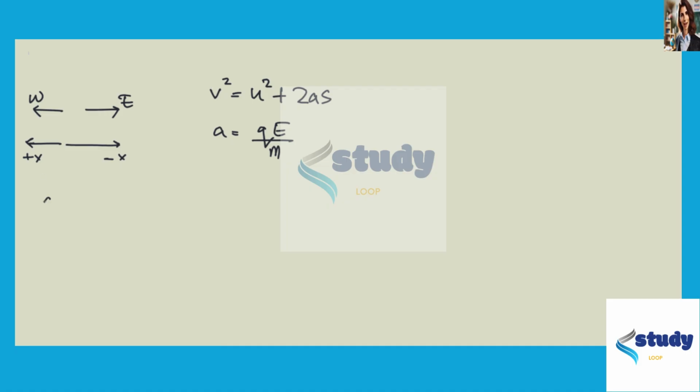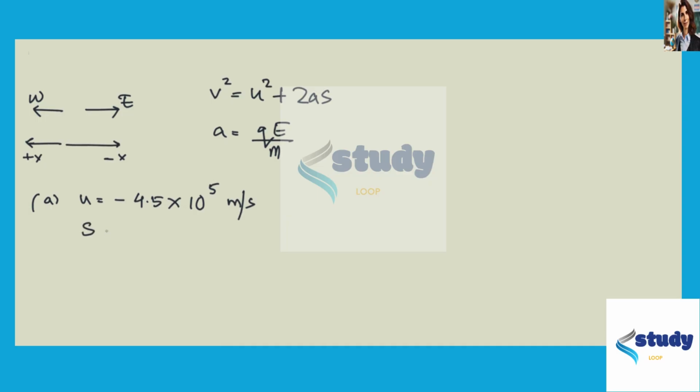Now, in the first part, we have to solve for the velocity of the electron. As I said, our convention is such that west is in the positive x direction and east is towards the negative x direction. So, going with that convention, our initial velocity will be equal to negative 4.5 times 10 to the power 5 meter per second.